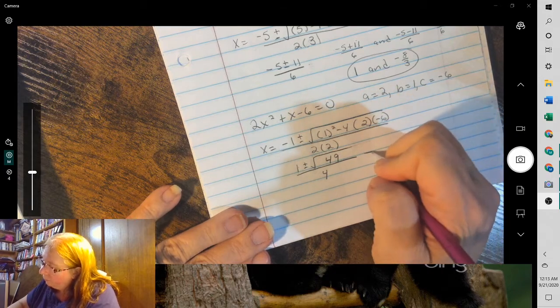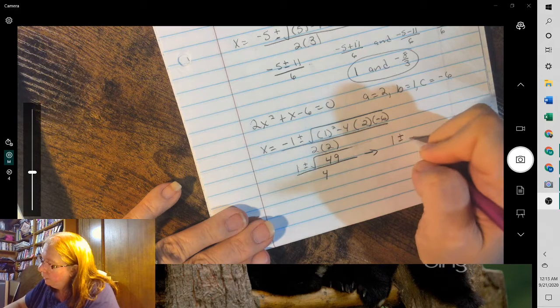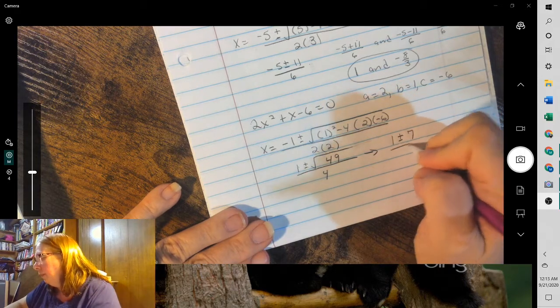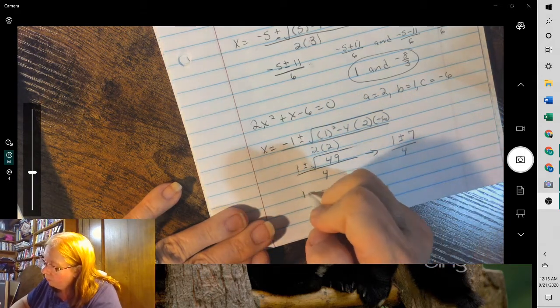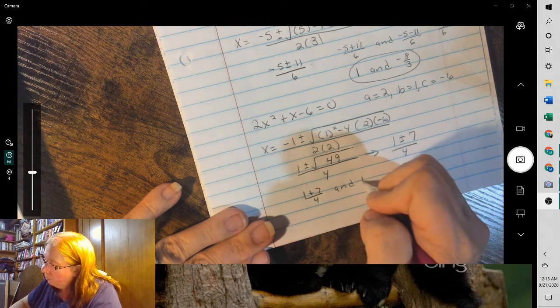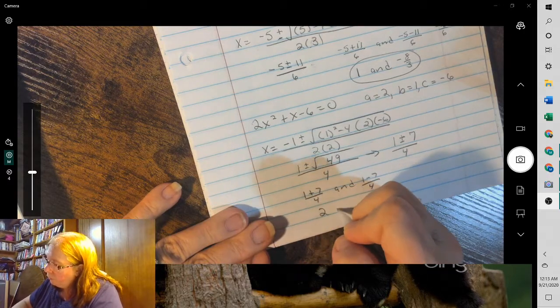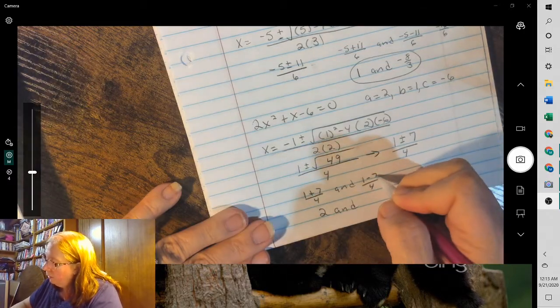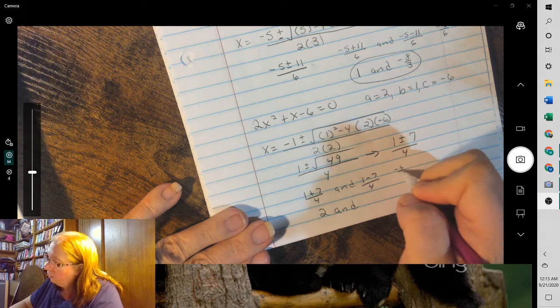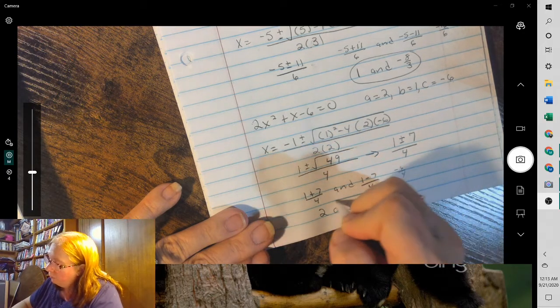So we have negative 1 plus or minus the square root of 49, which is 7, over 4. Negative 1 plus 7 over 4 and negative 1 minus 7 over 4. So 6 over 4 is 3/2, and negative 8 over 4 is a negative 2.